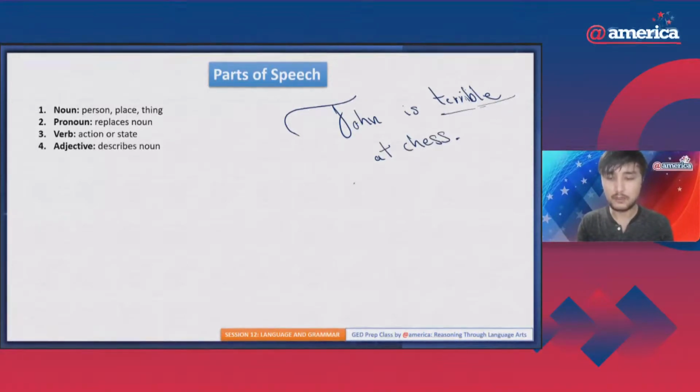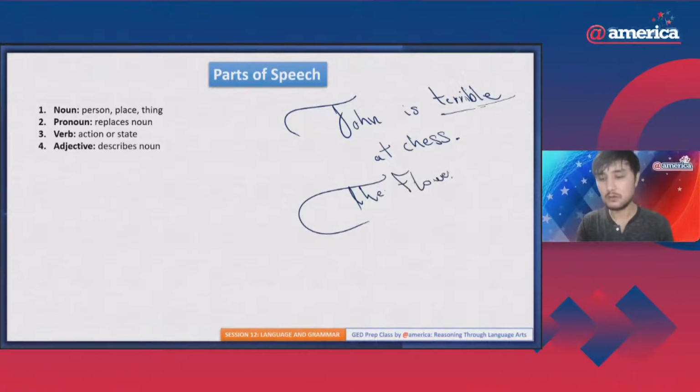Oh, the flower is beautiful. The flower is beautiful. In this sentence, flower is described by the word beautiful, and beautiful is the adjective of the sentence.